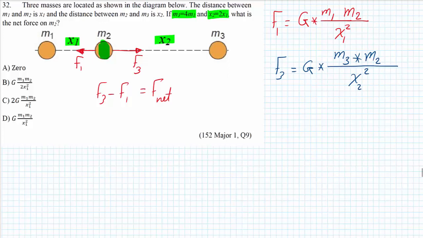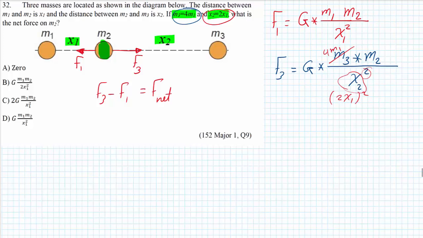But let's remember that he said M3 is 4 times M1, so I can remove M3 and write 4 times M1. And also he says x2 is 2 times x1, so I can remove x2 and say it's 2 times x1, but take care that this one is squared because there is a square here.